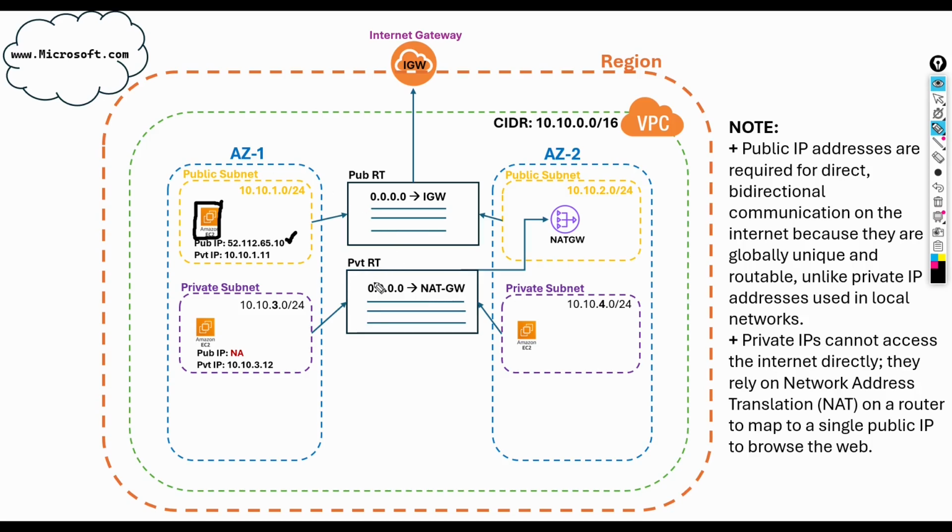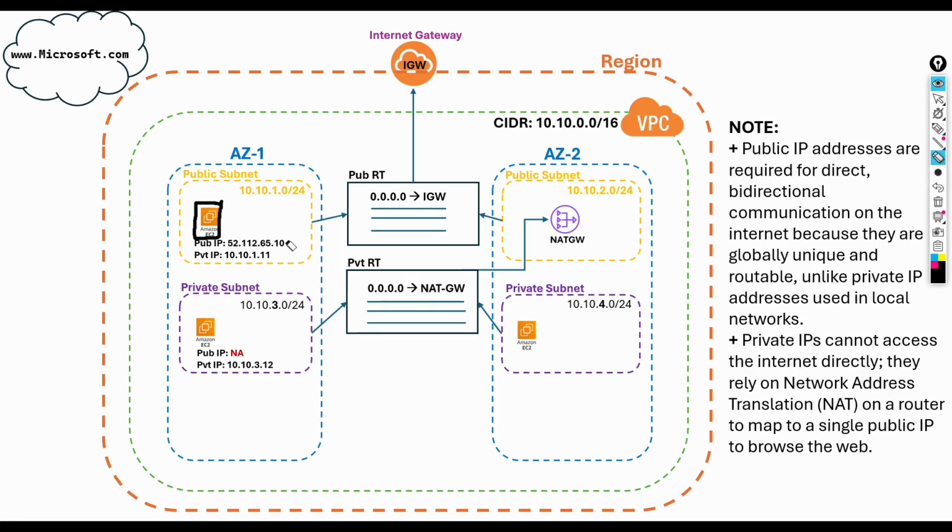Second, the route table which this public subnet is associated with should have a route towards the internet gateway like this. These two things are mandatory for the public subnet.